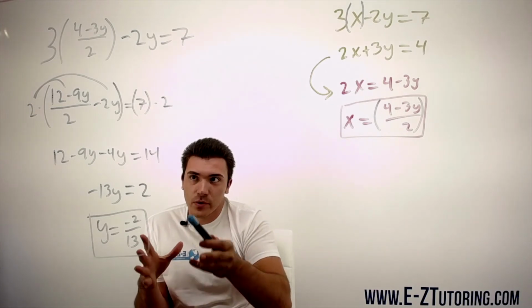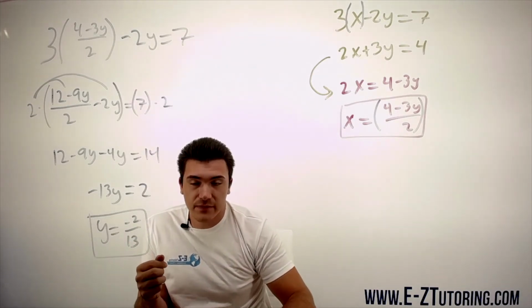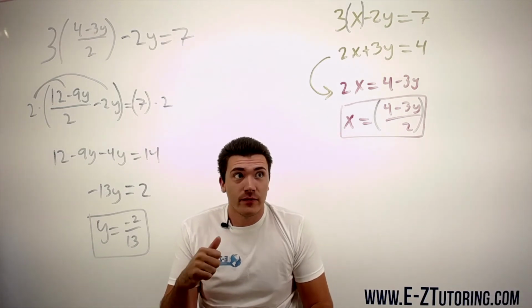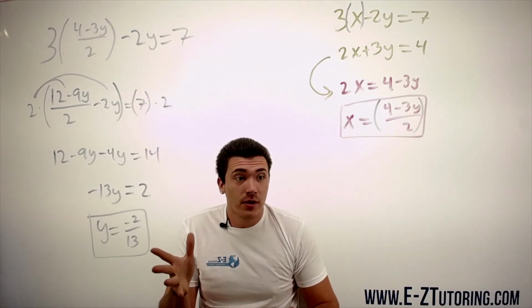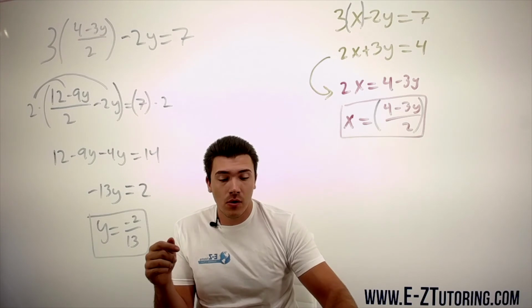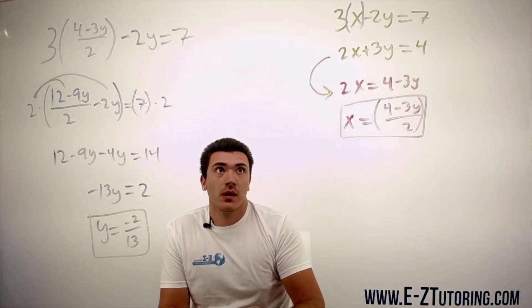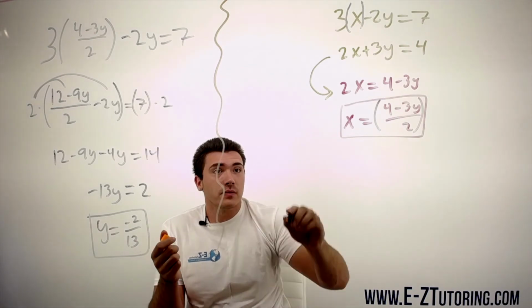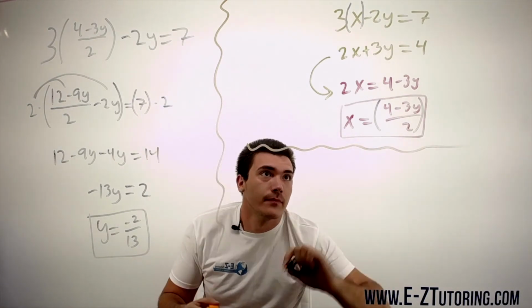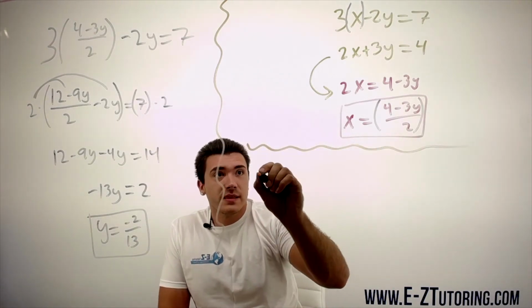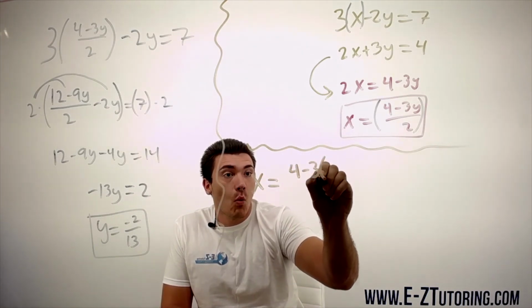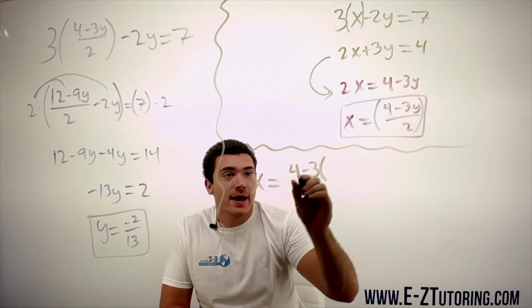I don't focus too much on the algebra because that will make these videos very long, but that is your value of y. And now if you want to find x, all you do is plug it in to x equals. So let's see here, x equals 4 minus 3y, and y is that.